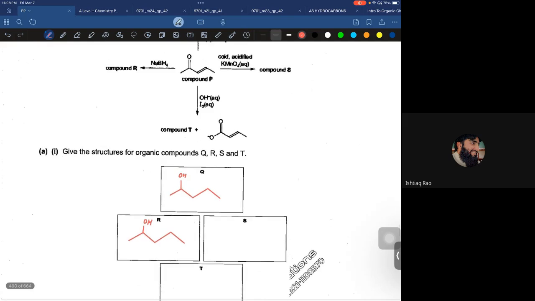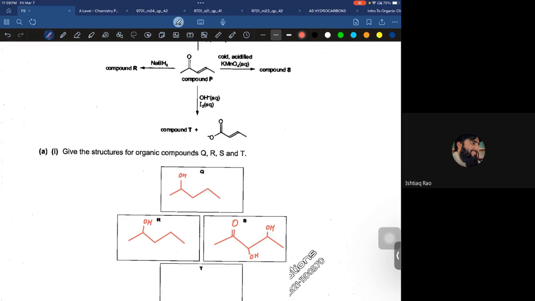And what is S? Cold acidified potassium manganate. I told you that cold conditions can only give you diol. The pi bond would be breaking down and you would be getting your diol.